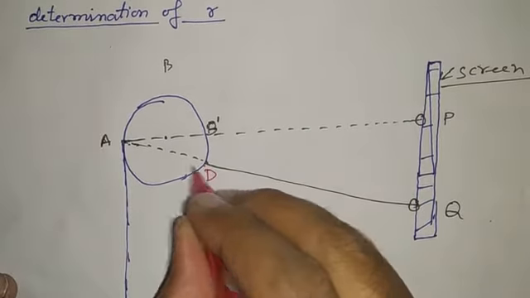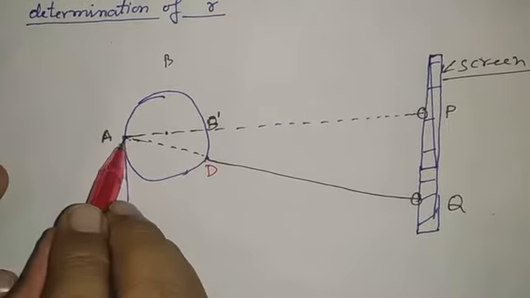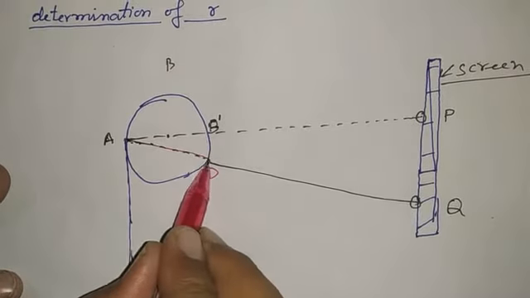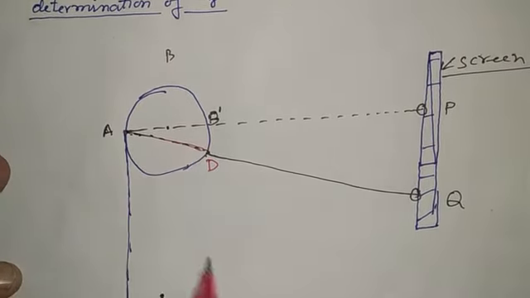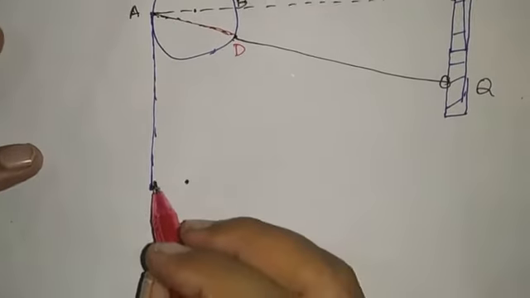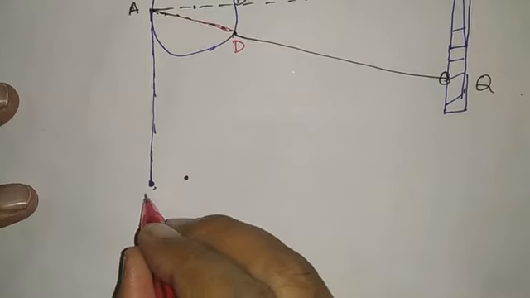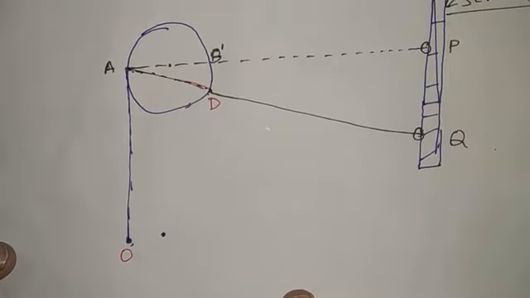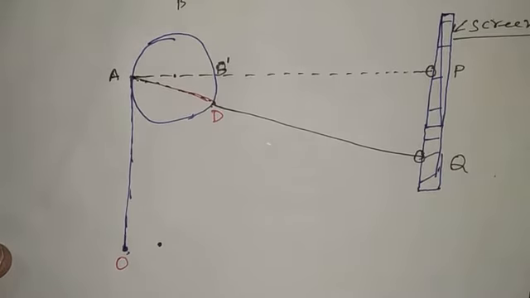AD is an arc of a circle. When we complete this arc, let the center be here at point O. Center is at point O.